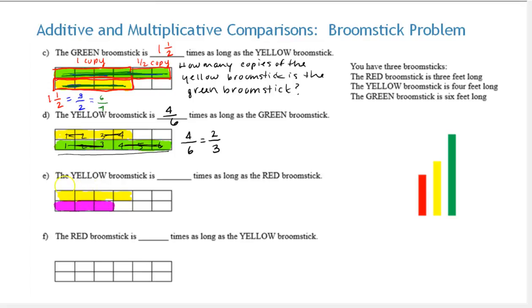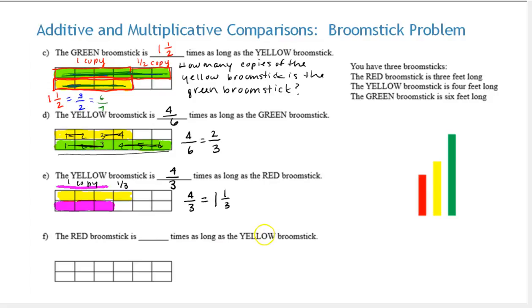So notice the yellow is 1 copy of the red, and then it's 1 piece more, which relative to the red or pink is 1/3 of a copy. So again, we have 1 copy, and then this is 1/3 of a copy of this, or notice it's just 4 to 3. It's the same as 1 and 1/3. Okay, so the yellow broomstick is 4/3 times as long as the red broomstick.